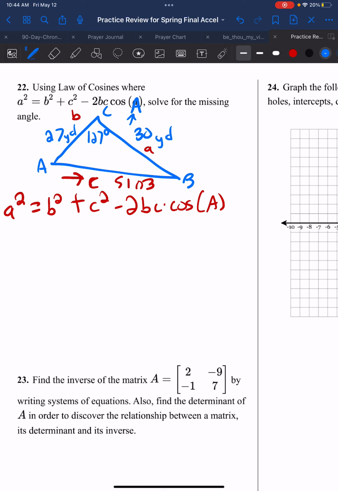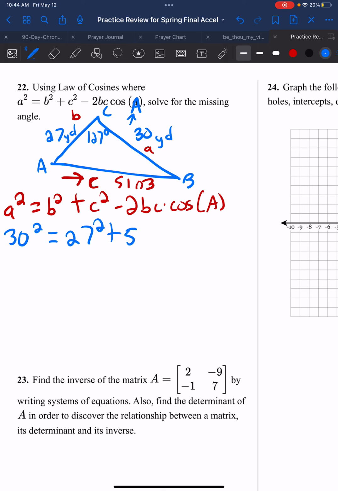I know A squared. It's going to be 27 squared... So what is B again? Oh wait, I did this backwards, sorry. A is 30. It's helpful to look at your chart here. And B squared is 27, there we go.